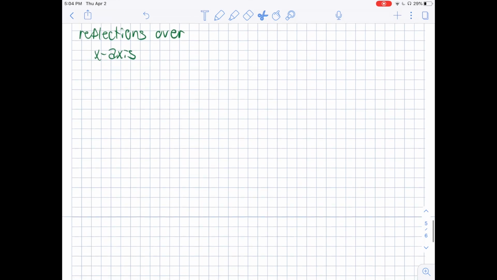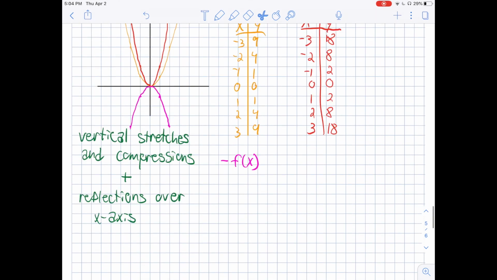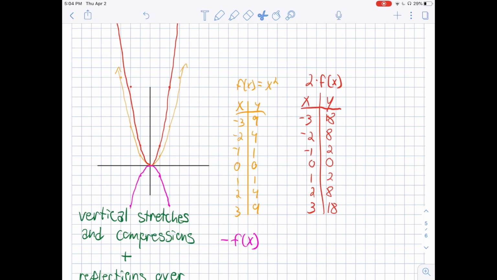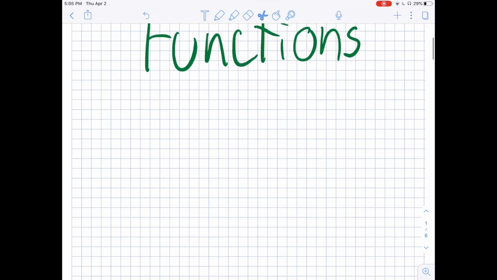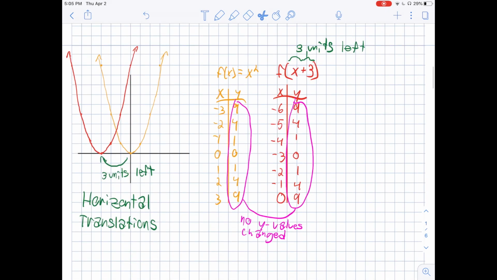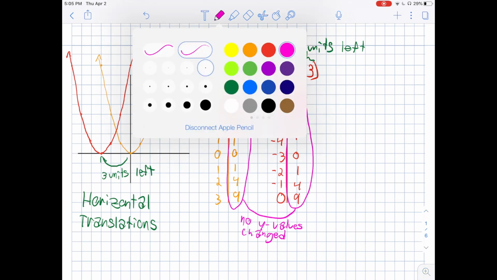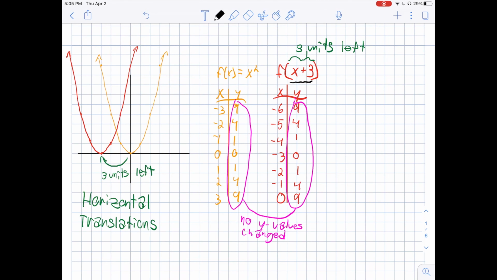So the reasoning behind why there's those two different lines of reasoning is because when we deal with x's and things that are horizontal, we have to get to them before they go in the function. If you notice, here we do our x plus 3 in these parentheses. So we add 3 to whatever we're plugging in before we run it through the function. And then that gives us the right output.